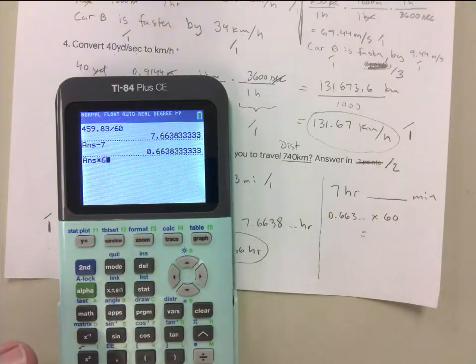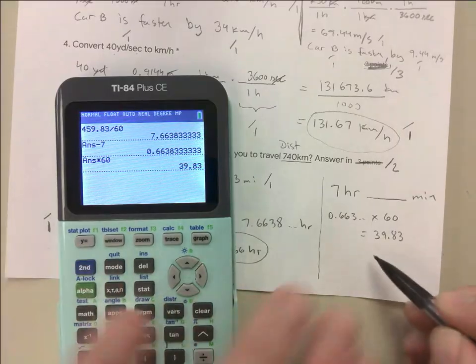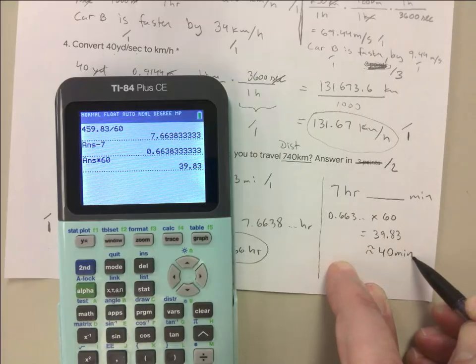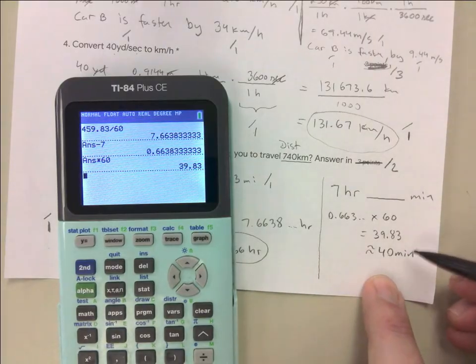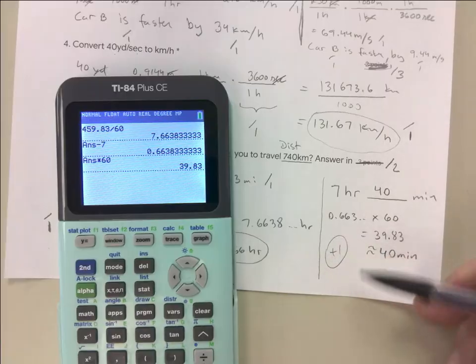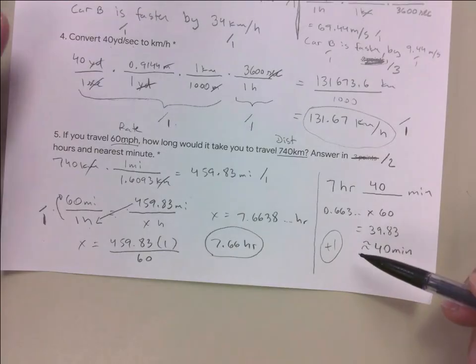Okay, so I go multiply that by 60. That gives me 39.83, which is approximately 40 minutes. Right? So it's approximately 40 minutes. So that's how you turn the decimals to minutes if you wanted to get that answer. So you get a +1 bonus if you got that one right.